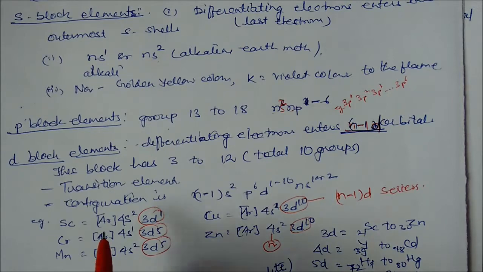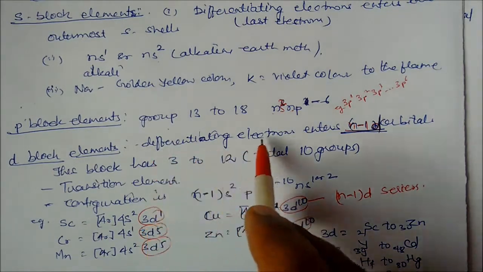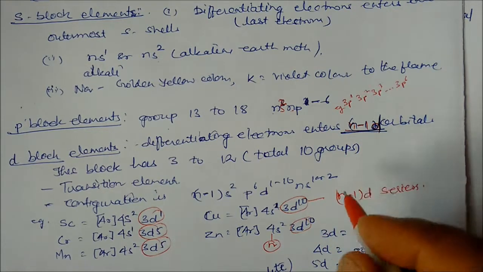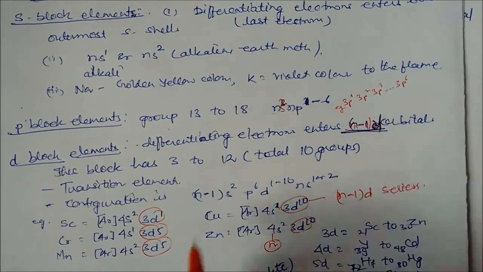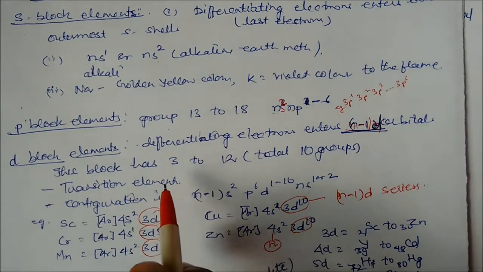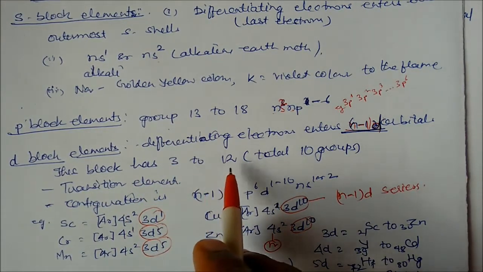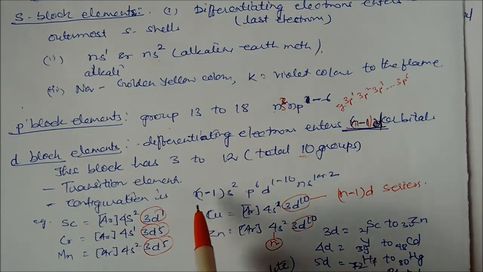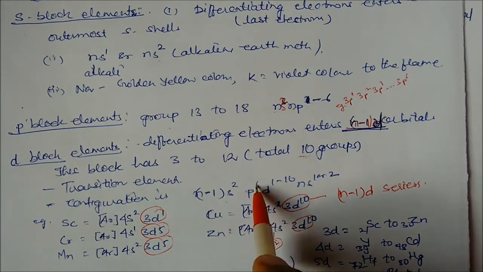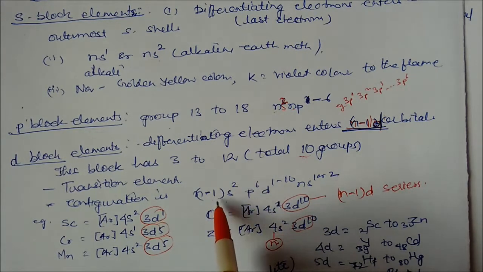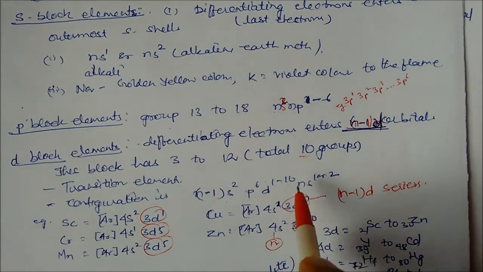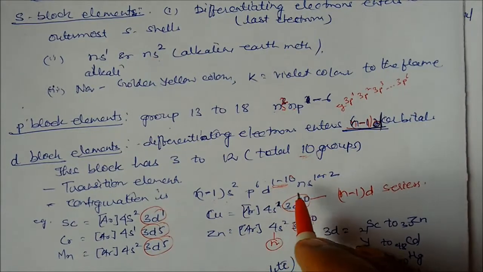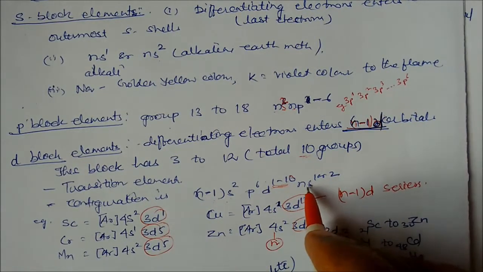D block elements. In D block elements, the differentiating electron, meaning the last electron, enters the (n-1)d orbital. These belong to group 3 to group 12, meaning there are a total of 10 groups, and these are transition elements. The configuration is (n-1)s2 (n-1)p6 (n-1)d, where 1 to 10 electrons are filled, and ns1 or ns2.